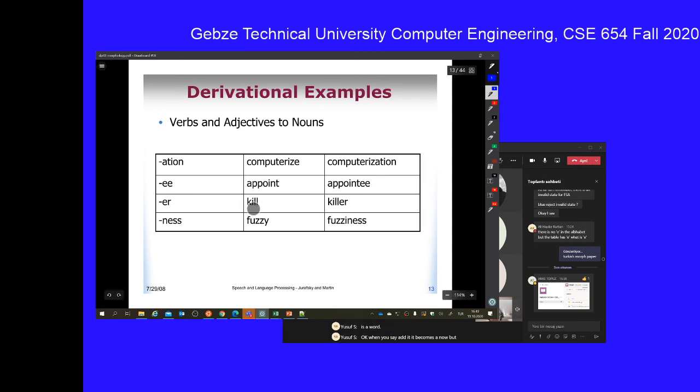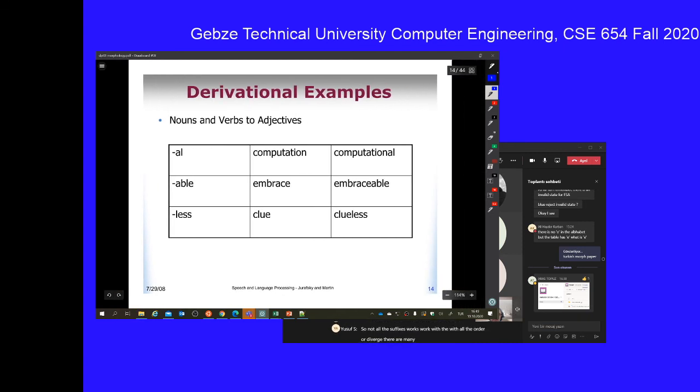But you cannot put an ee like kill-ee. Killer is okay, but kill-ee is not okay. Appointee is okay, but appointer is okay too, right? So not all the suffixes work with all the words. There are many irregularities. There are many exceptions.